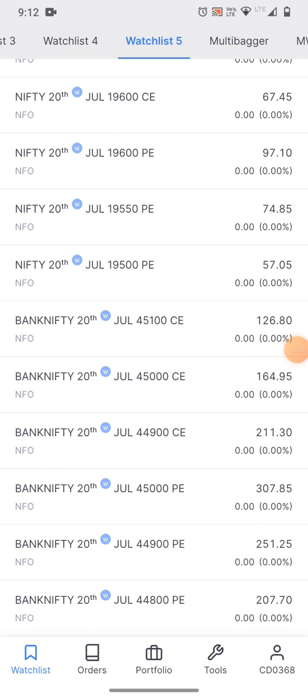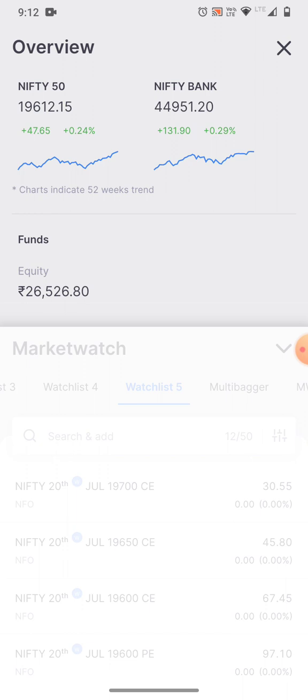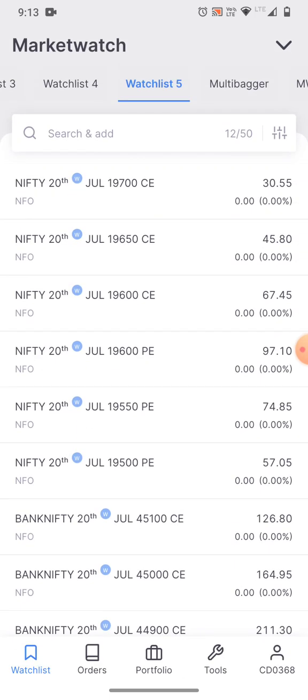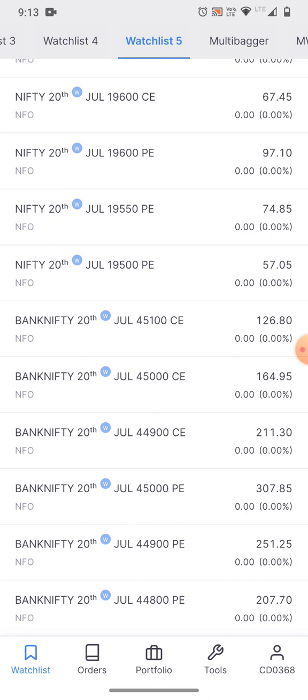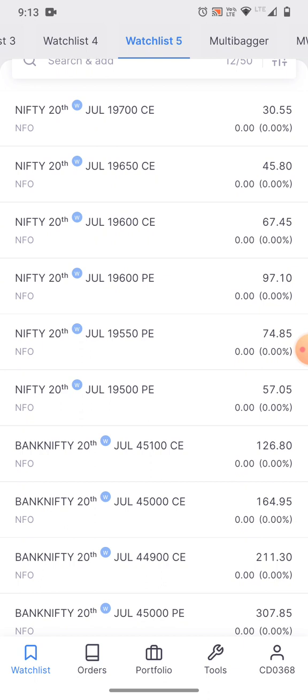So basically what we're doing here is adding some contracts close to the current price where Nifty and Bank Nifty are about to open. It doesn't mean we will only trade in these contracts. We can also see some other option contracts as well, but these are initially for observation and analysis purpose.